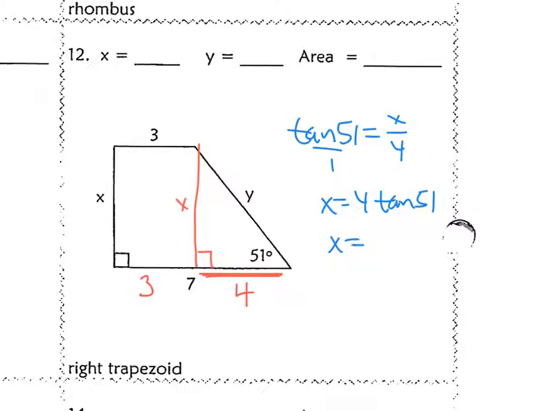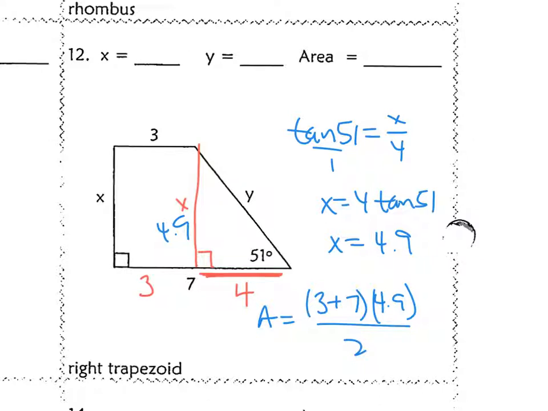What'd you get for x? 4.9, yeah, 4.94, so 4.9. And now your area ends up equaling the bases, 3 plus 7, times the height, 4.9, divided by 2. So you get 10 times 4.9, which is 49. 49 divided by 2 gives us 24.5.